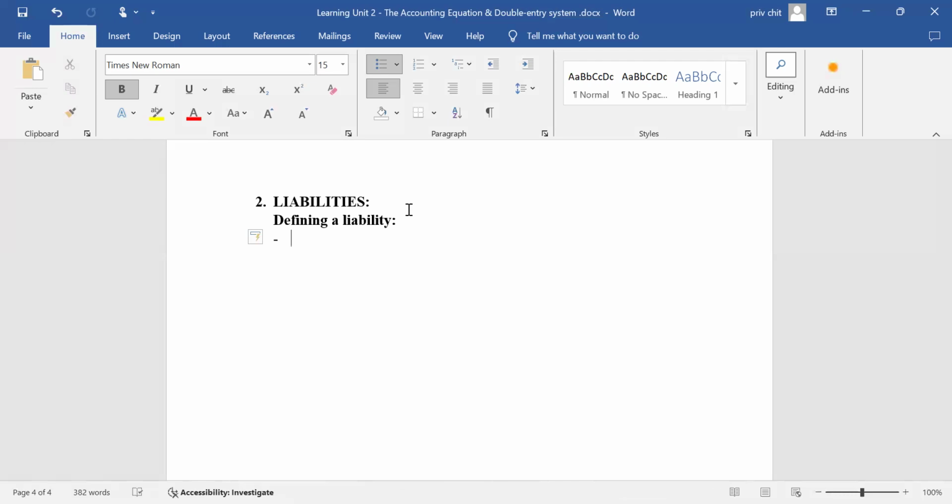A liability essentially can be defined as the present obligation to transfer economic resources due to past events.